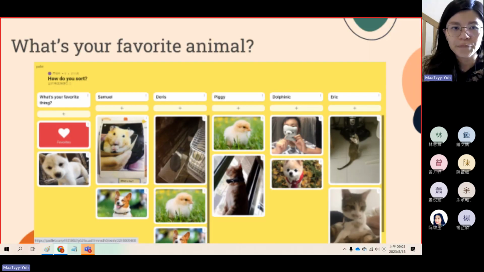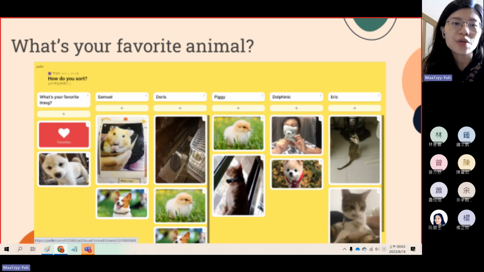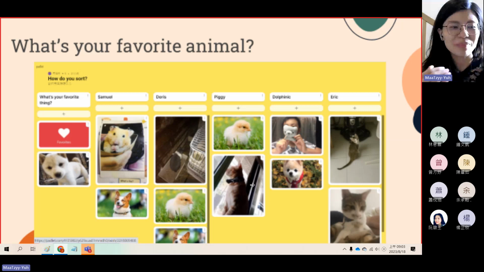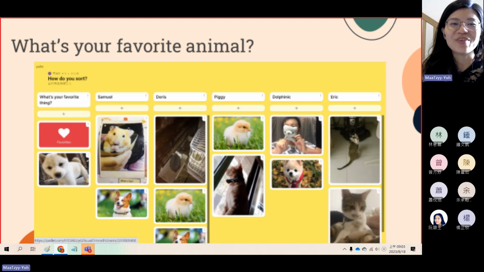So this is an activity that we have done in our first lesson. This is a sorting class. My aim is to teach students how to sort different things. So in the beginning, I used Padlet to ask the students to find pictures of their favorite animals.